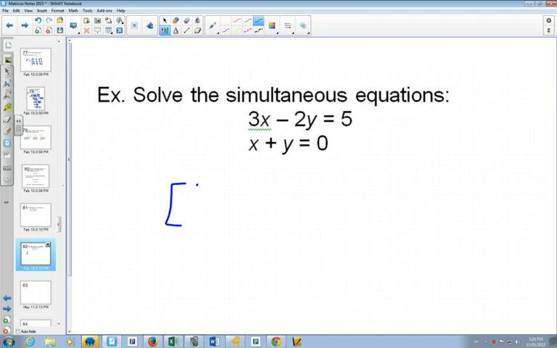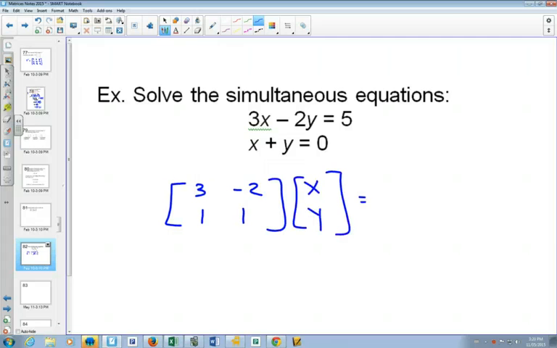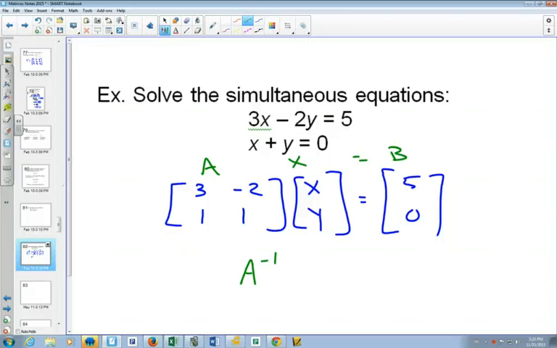We'd set up our first matrix, which would be [3, -2; 1, 1] times [x; y] equals [5; 0]. What we basically have is AX equals B. So we're going to multiply in front by A inverse again.